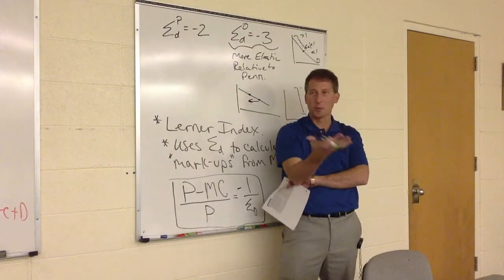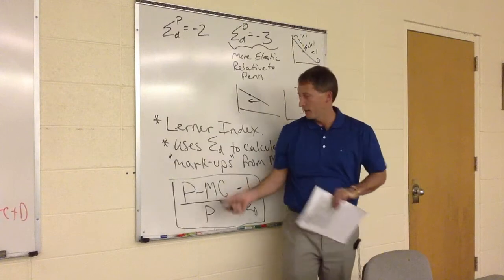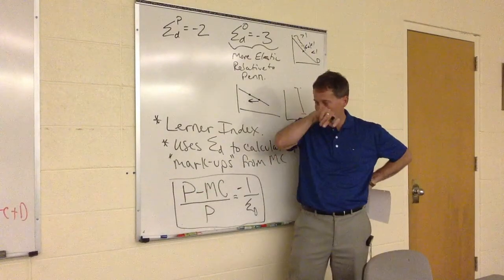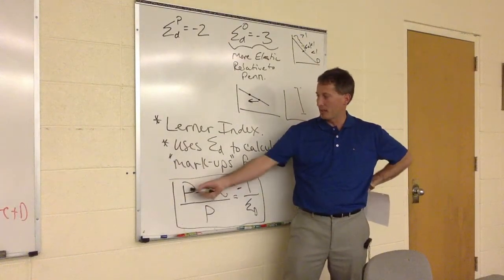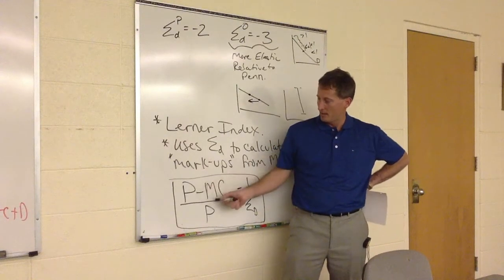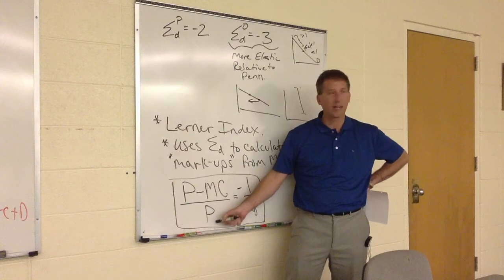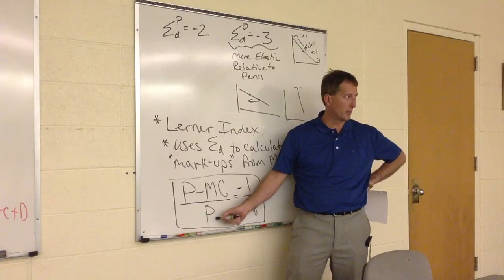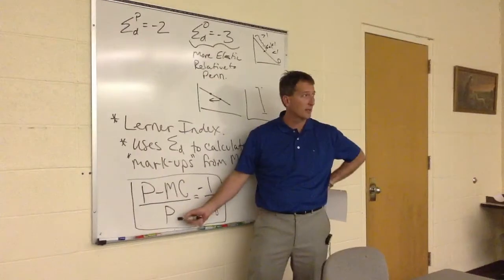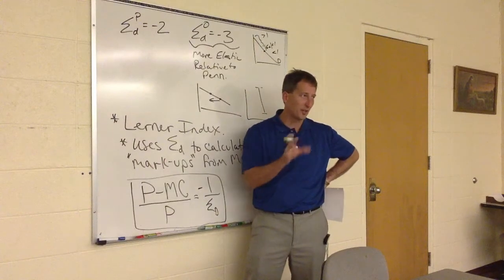That's how the real world would work. Well, here we're doing that a little bit differently because we're taking a $20 markup, the difference between the price and the marginal cost, and we're putting that over the price, which is a little bit weird, rather than putting it over marginal cost.